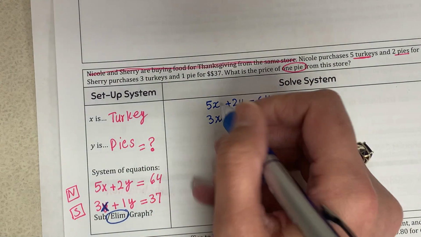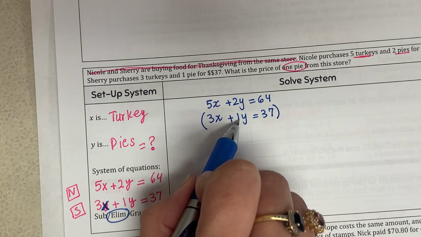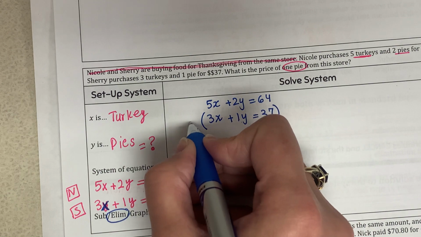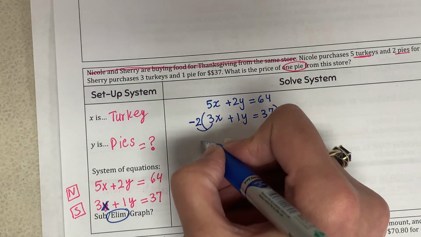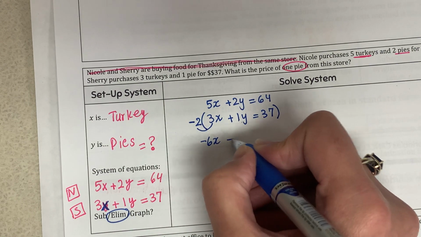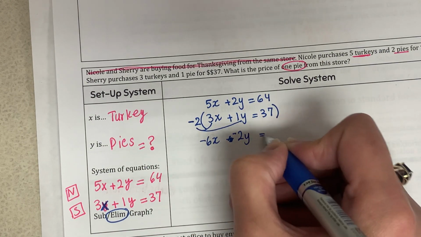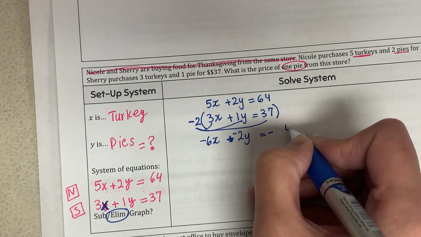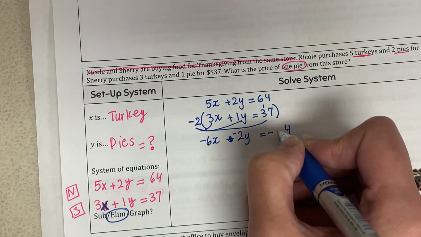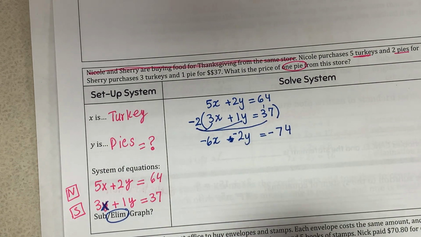So I'm going to multiply the second equation by a -2, because I need a 2 here and a -2. So this is -6x plus, oh sorry, -2y equals -74. Looks correct. Okay.